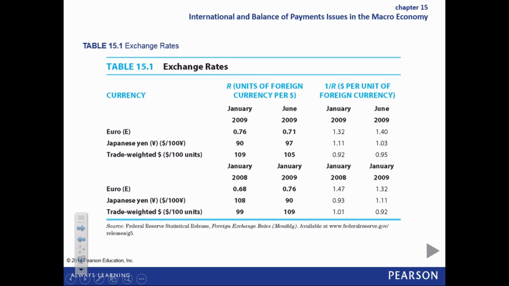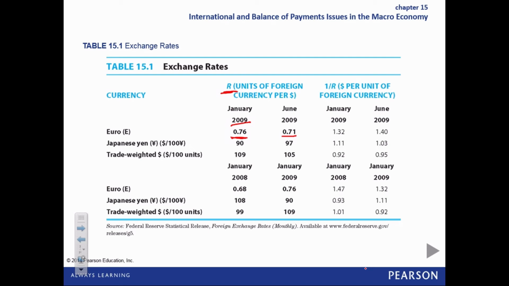So what we see here from January, first of all, you look at R, which is how much of a foreign currency US dollar can buy. In January of 2009, $1 was 0.76 of a euro. In June, it went down to 0.71. That means US dollar became weaker from January 2009 to June of 2009.